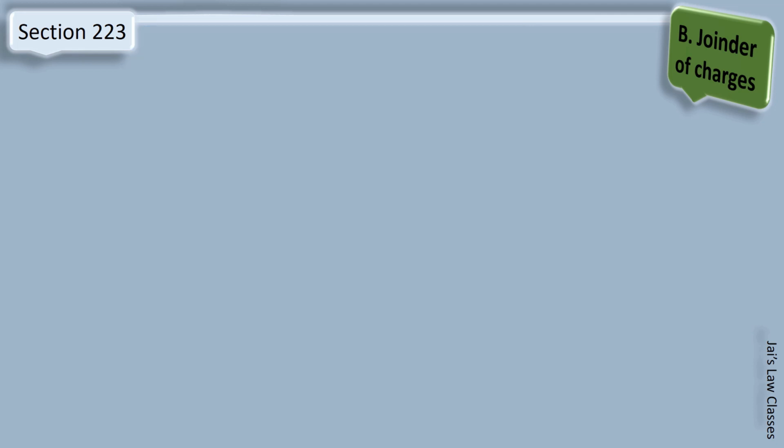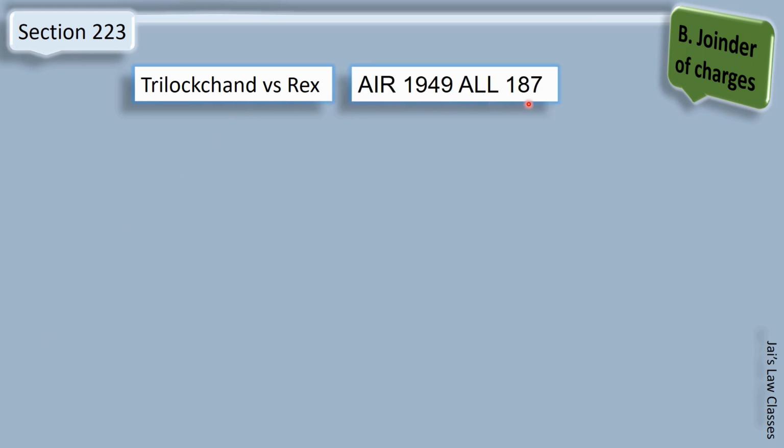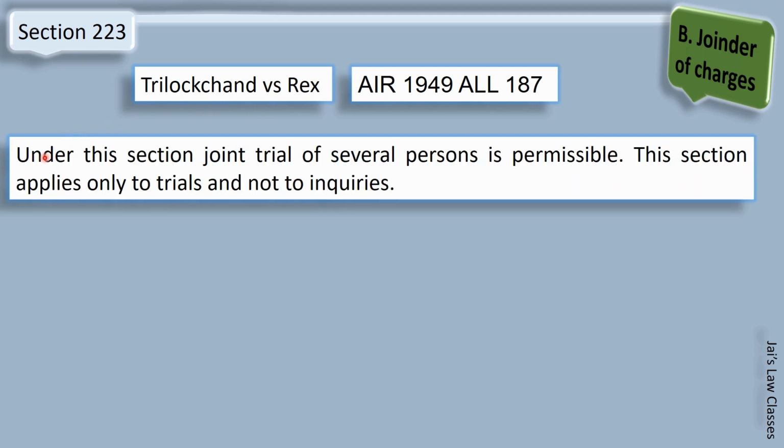Now let's cover a very important case, Trilokchand versus Rex, AIR 1949 ALL 187. This is important because it's informing a very important thing. Under this section, which means under section 223, joint trial of several persons is permissible. Yes, we have just covered it, but it informs us that this section applies only to trials and not to the inquiries.